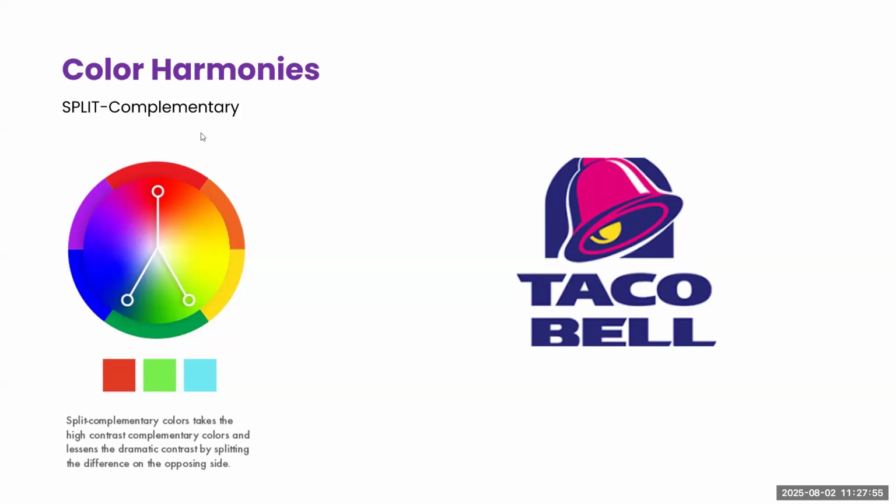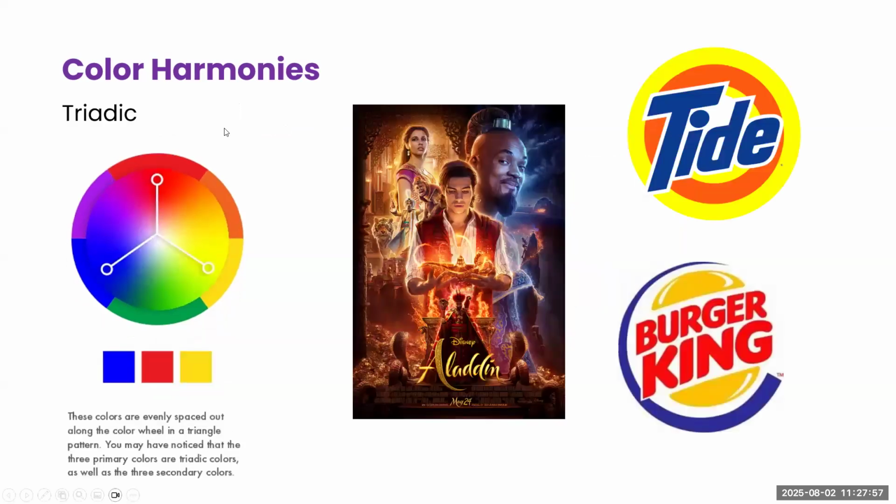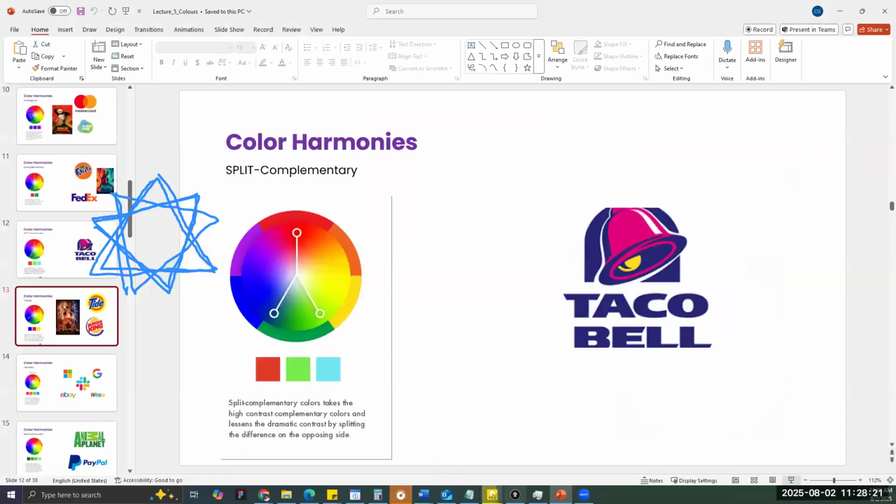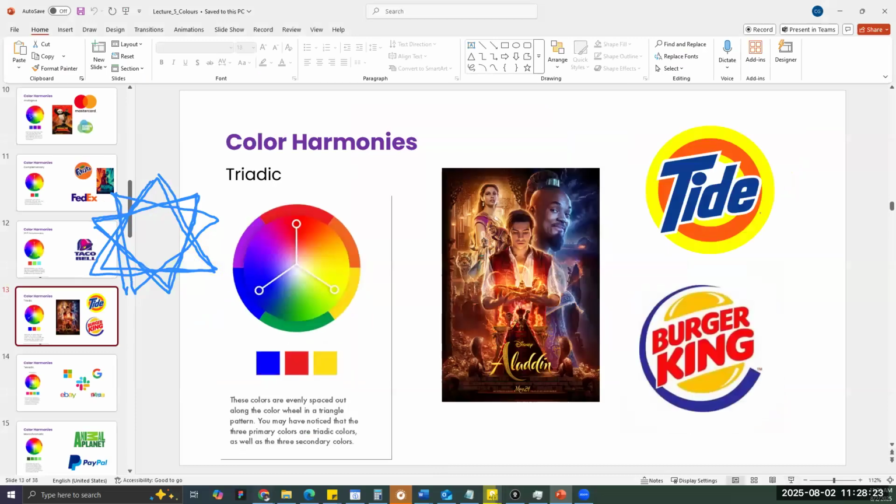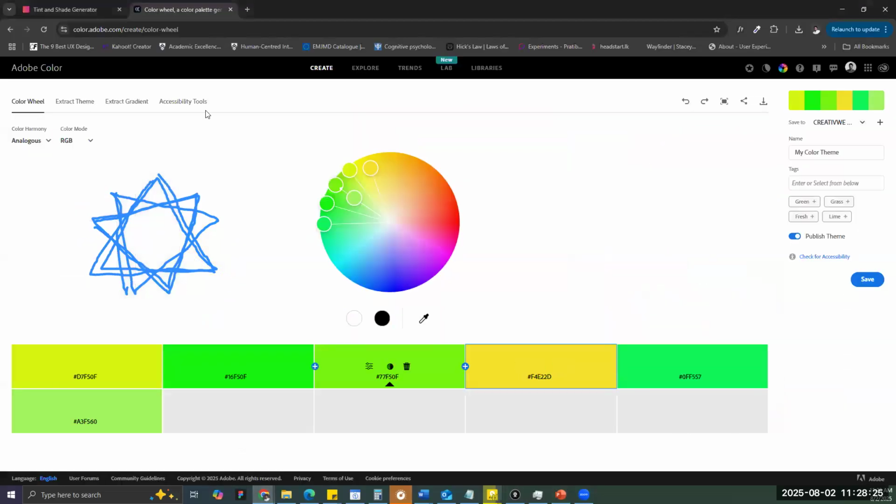Another one is triadic. This is not splitting. Here in the color wheel we have a shape with these three dots. Not only this side, it may come on this side also. From this website I have given you, go and check right here.